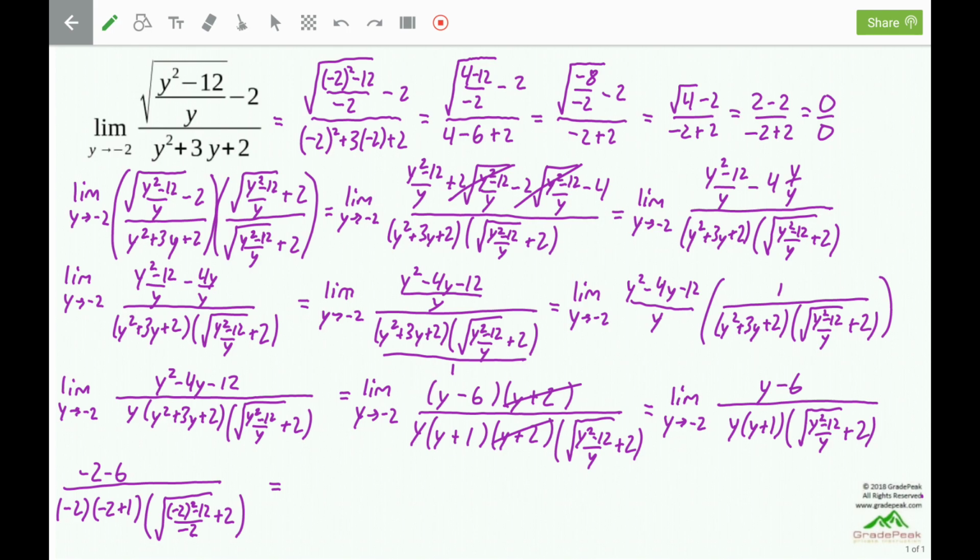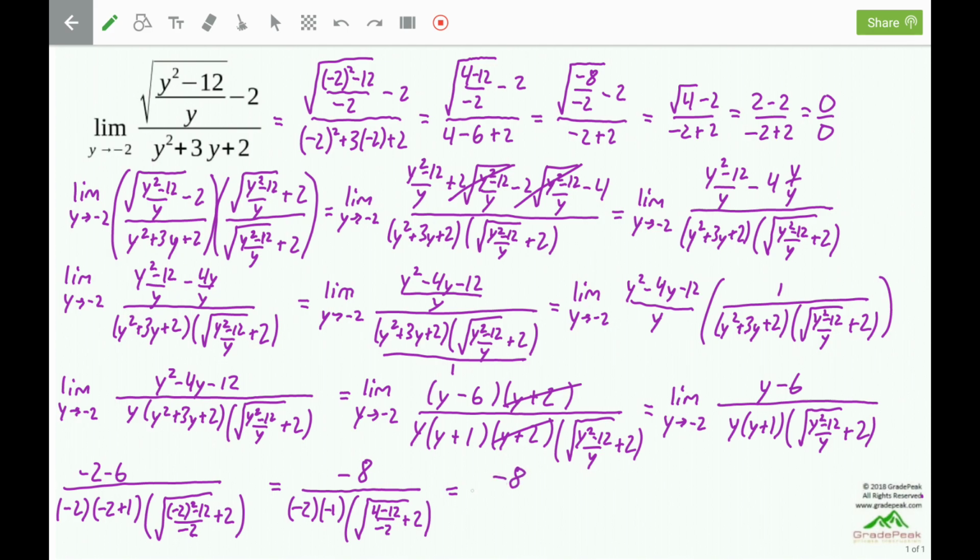In the numerator, negative 2 minus 6 is a negative 8. In the denominator, we have a negative 2 times a negative 2 plus 1, which is a negative 1, times the square root of negative 2 squared, which is 4, minus 12, over negative 2, plus 2.